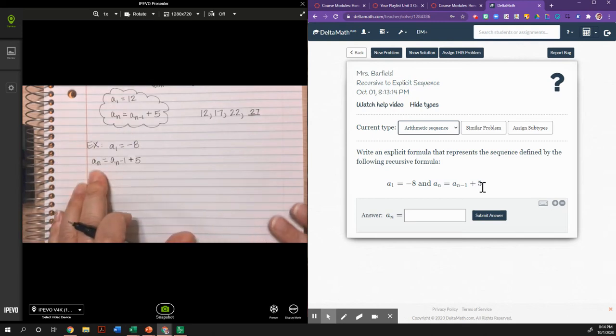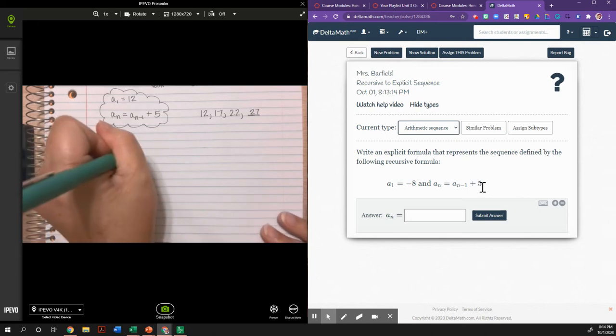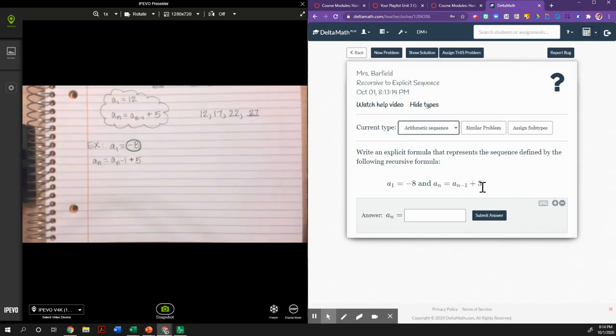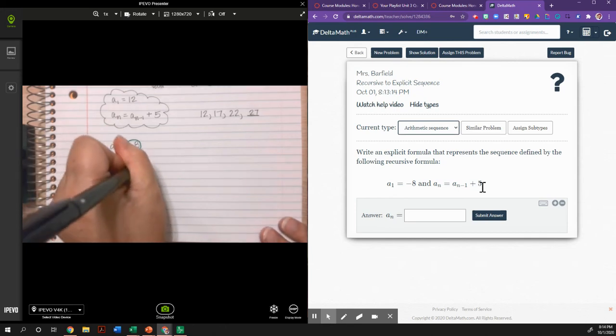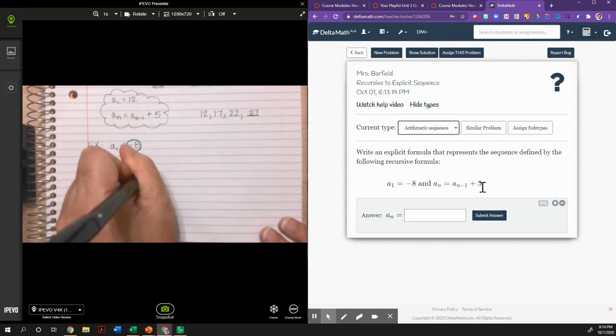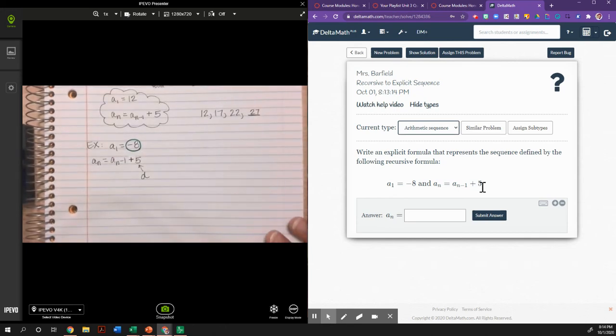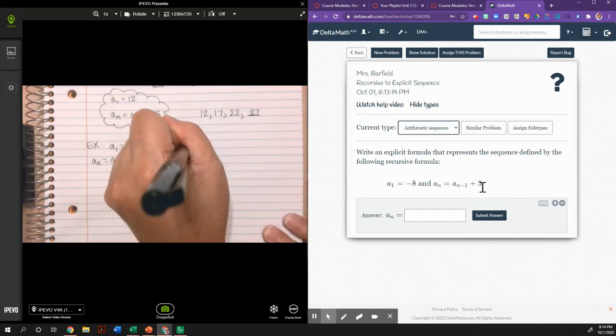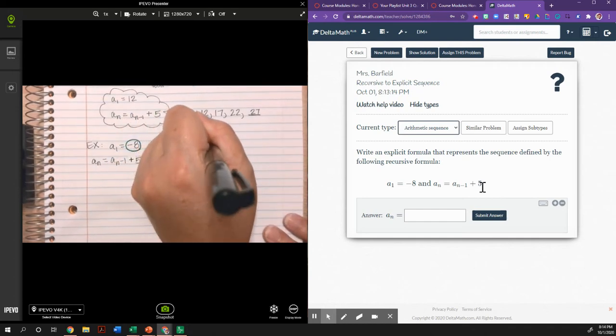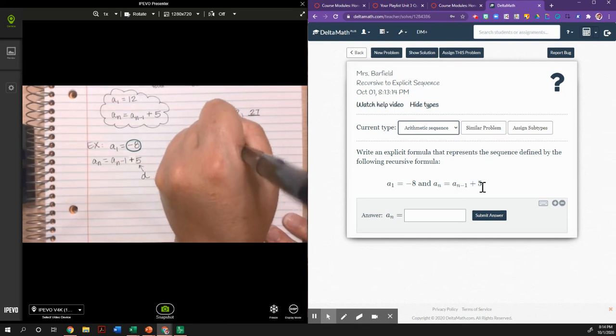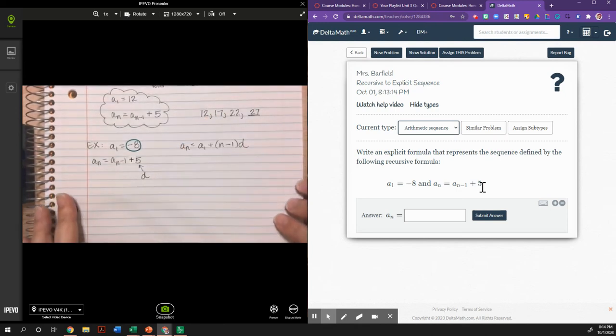So I know my first term and I have my common difference. Now the explicit formula was a sub n equals a sub 1 plus n minus 1 times d.